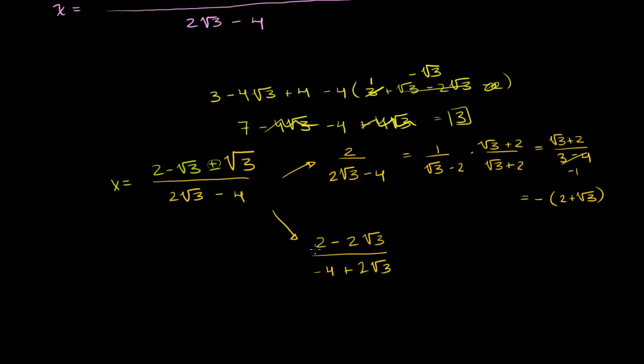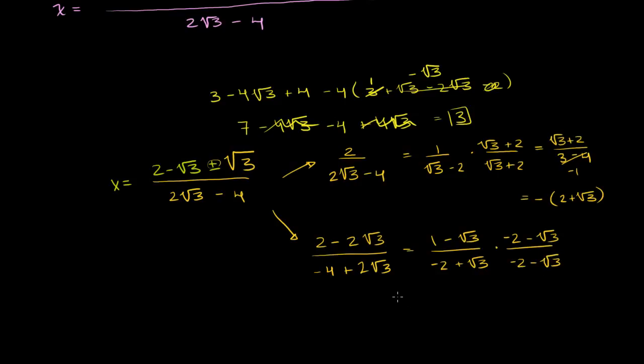The first thing we might want to do is divide the numerator and the denominator by 2. So this is equal to 1 minus the square root of 3 over negative 2 plus the square root of 3. And now we can rationalize this by multiplying it by negative 2 minus the square root of 3 over negative 2 minus the square root of 3.